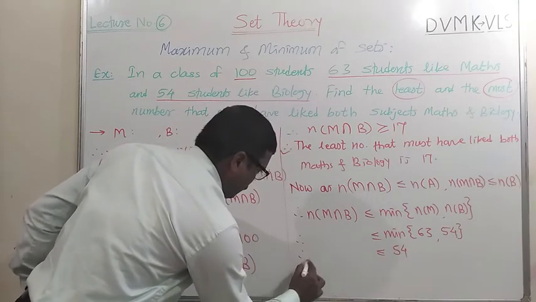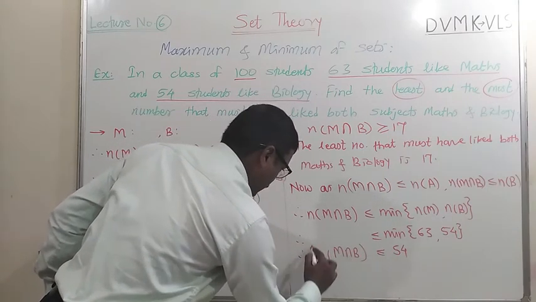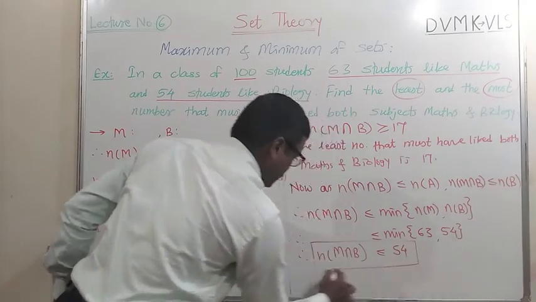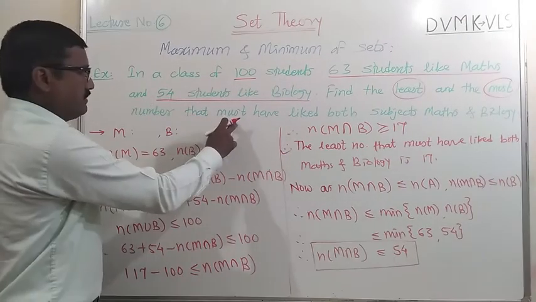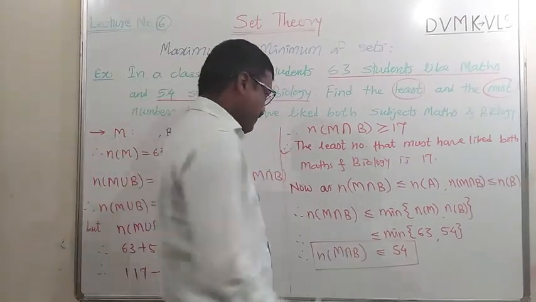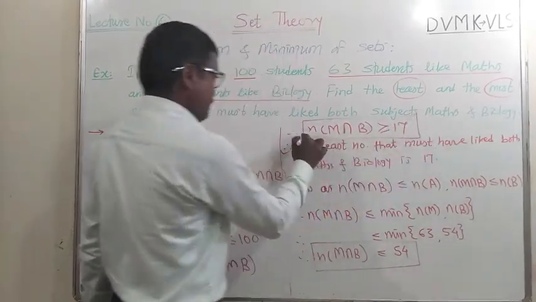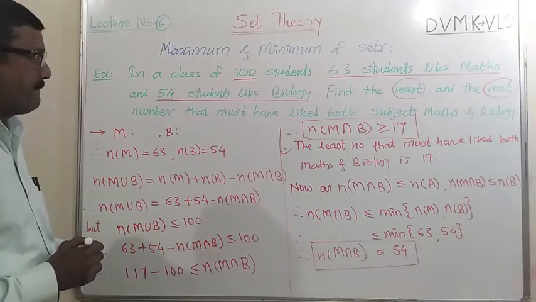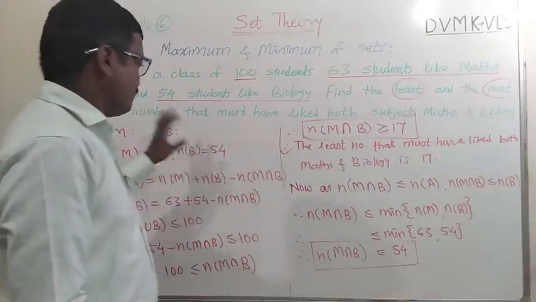Therefore, the number of elements in M intersection B is less than or equal to 54. It means the most number that must like both maths and biology is 54. There are 54 students who like both subjects, maths and biology, and that 54 is the largest number.